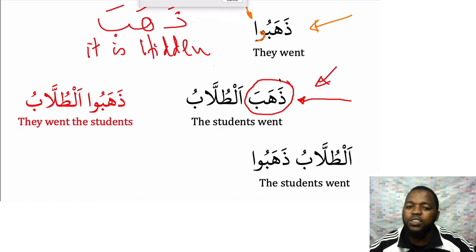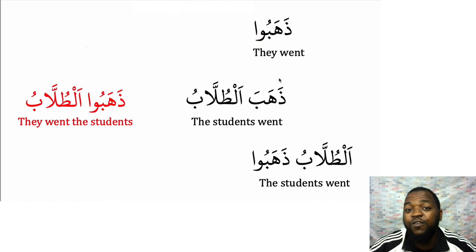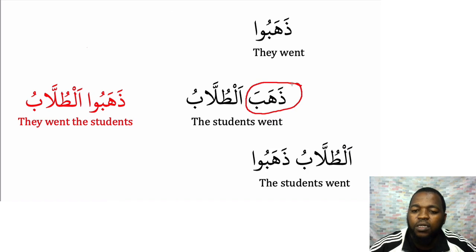Great. So I ask you, where is the verb? Here is the verb. Now, where is the subject? Well, you have to look into the sentence and you will find that the verb is here. At-tullabu, the students.